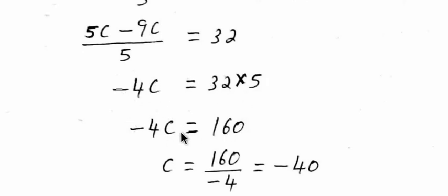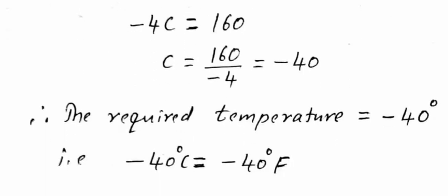Minus 4C is equal to 160. Then C is equal to 160 divided by minus 4, which is minus 40.